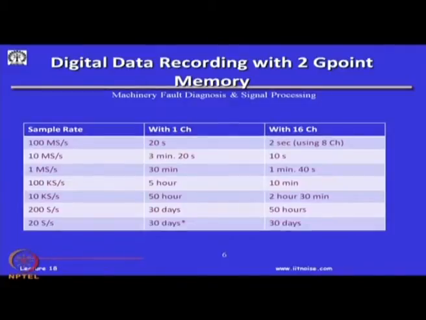A very important point with these recorders is how you determine the frequency response of the DAT recorder. You could also try this with the digital recorder.